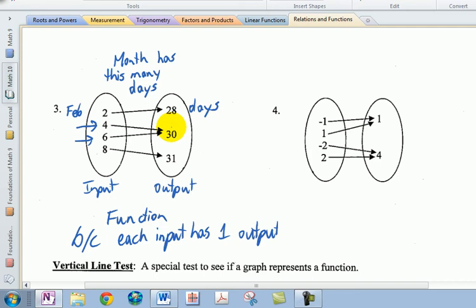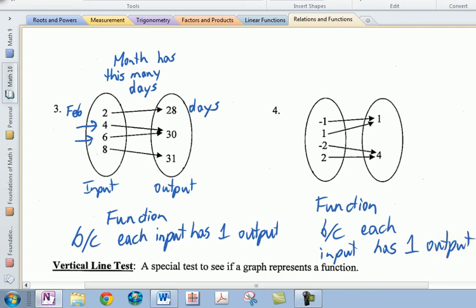That's all right. There's nothing wrong with that whatsoever. Next one, number 4. Is this a function? Yes, it's a function. So it's a relation and it's also a function, again because each input has one output.